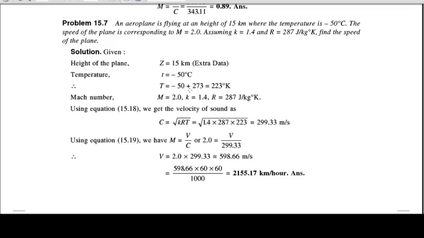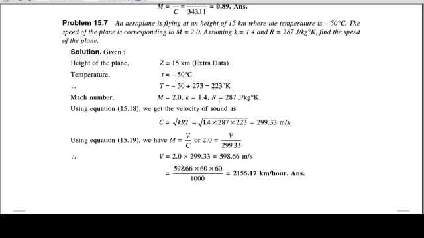Temperature they have given as minus 15 degrees centigrade, then the absolute temperature is equal to minus 50 plus 287, which is equal to 223 degree Kelvin. Mach number is 2, k is 1.4, R is 287.